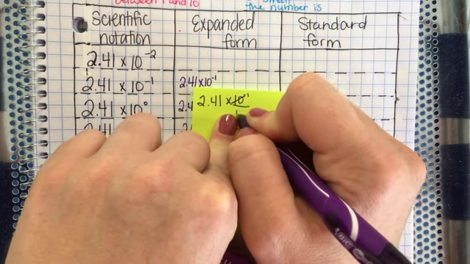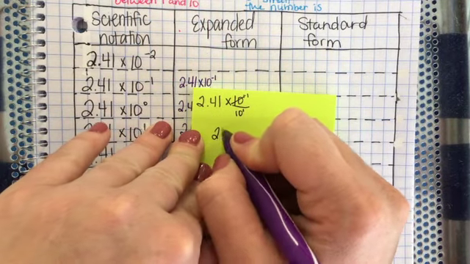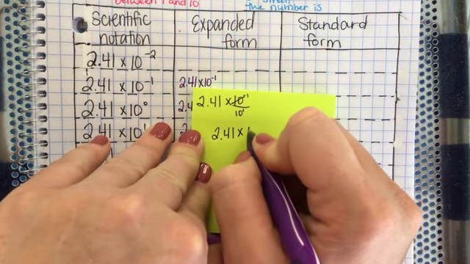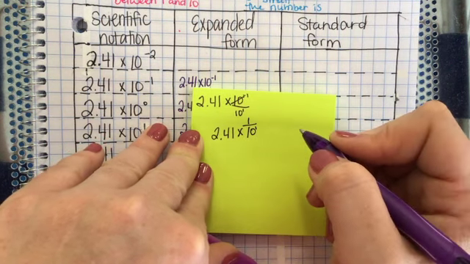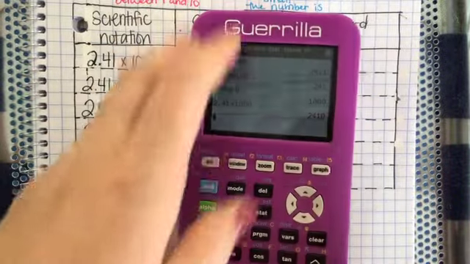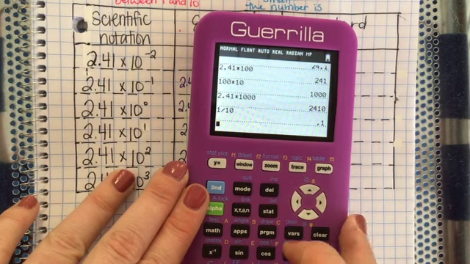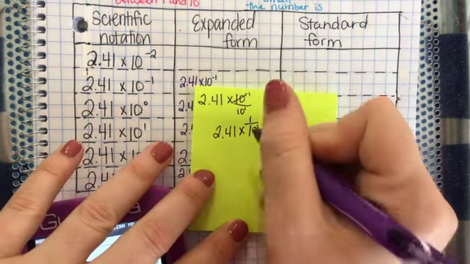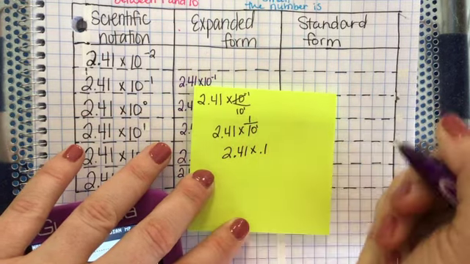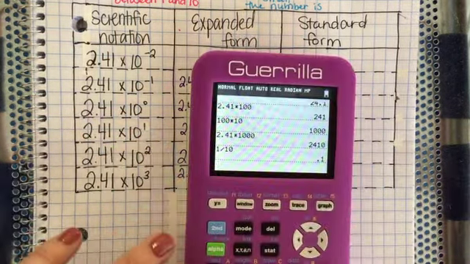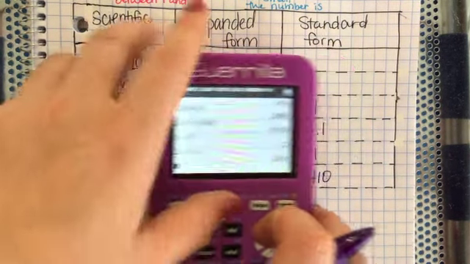So it would actually be 2.41 times 1 over 10. Well, you probably don't really remember what 1 divided by 10 is. It's just 0.1. So it would actually be 2.41 times 0.1, which is 0.241.